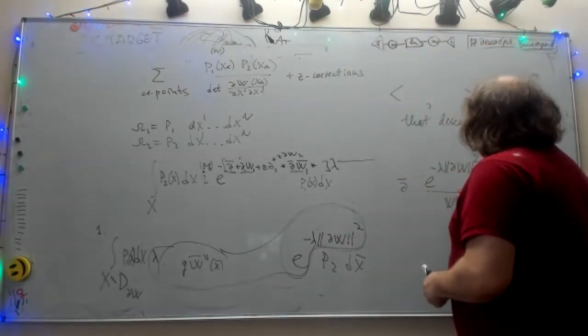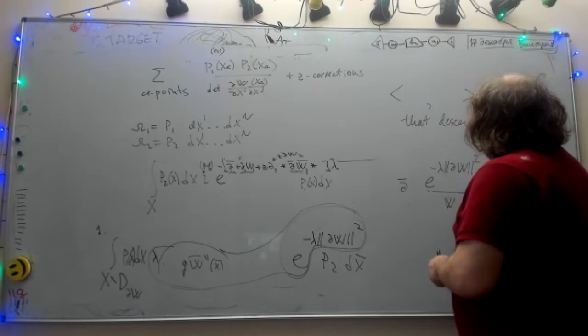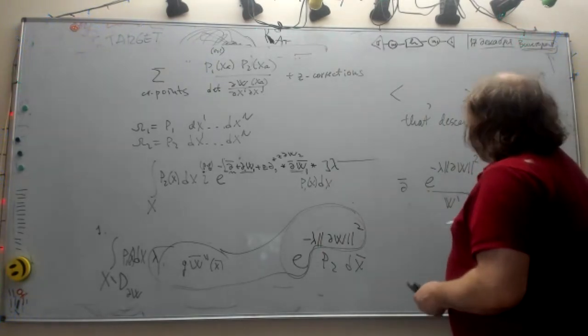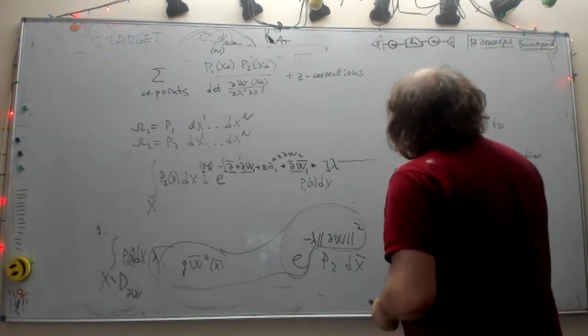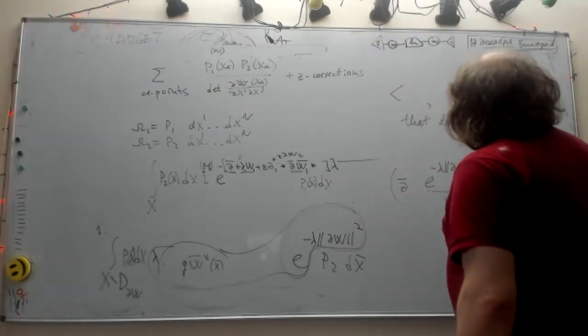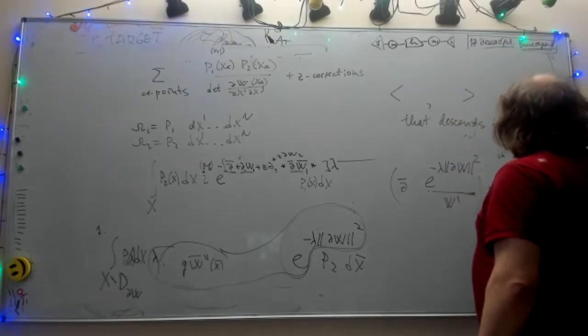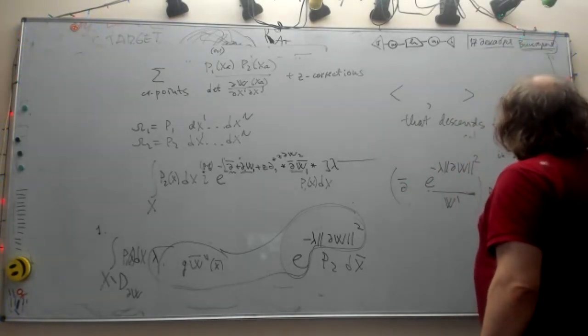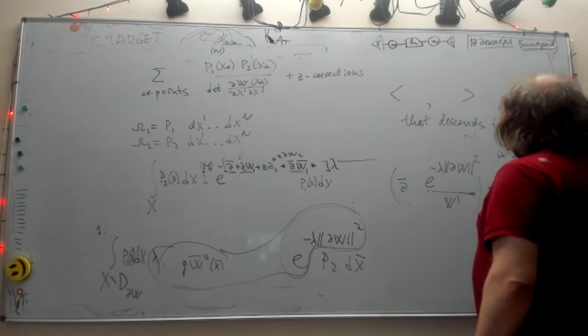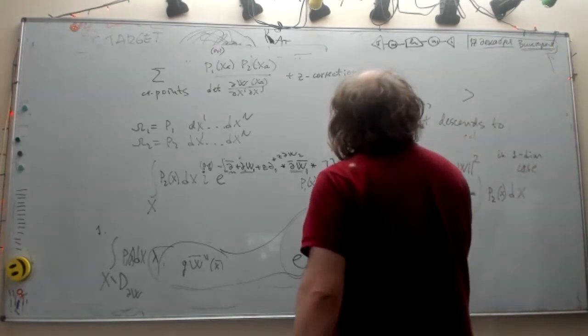So to be honest, I need to put here w prime, and I need to put here p2 of x dx, and I need to put here p1 of x.